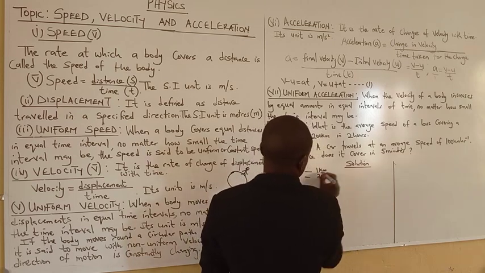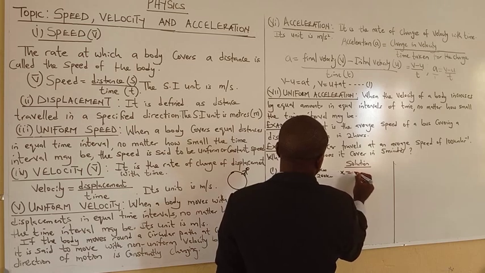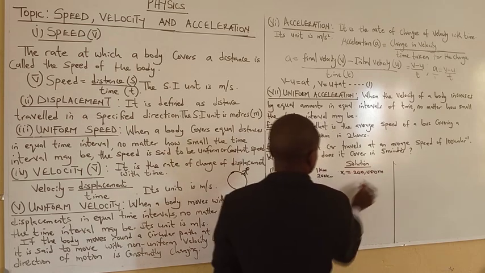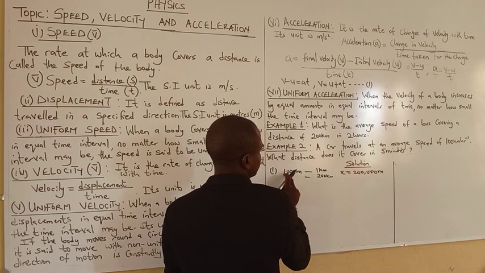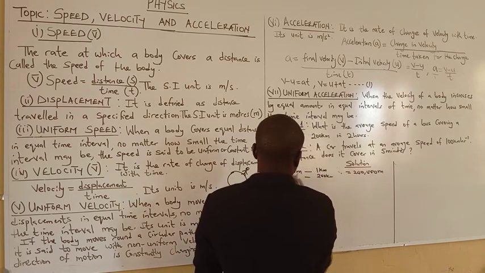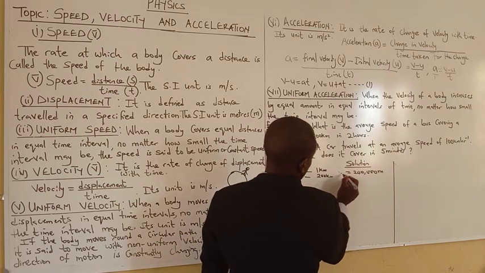You cross multiply, x times 1, that's x equals 200,000. You multiply it, convert it to meters. 200 times 1000 gives you 200,000. Now you have gotten that distance. That's our distance. Let's call it D, distance.